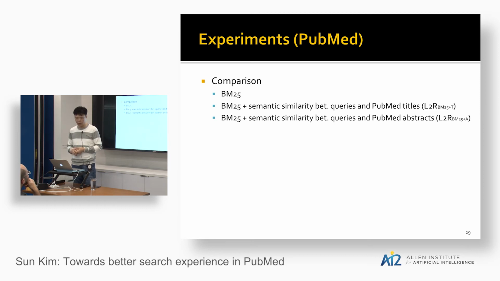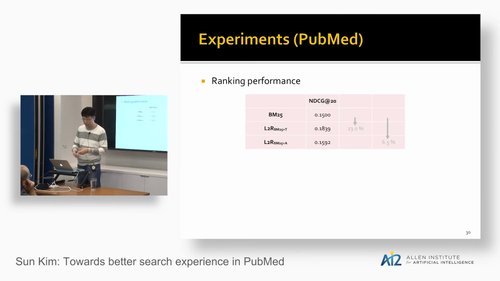In this test, we compared three approaches. First, BM25. Second is learn-to-rank combining BM25 and semantic similarity score between queries and PubMed titles. Third one is using learn-to-rank and combining BM25 and semantic similarity score between queries and PubMed abstracts. The table shows the performance comparison among these three approaches.